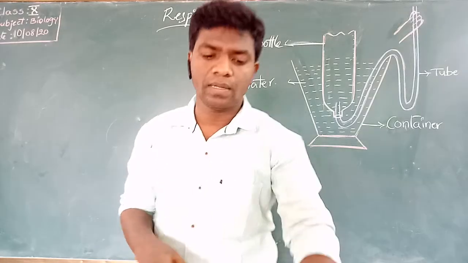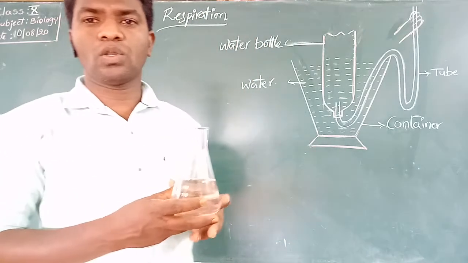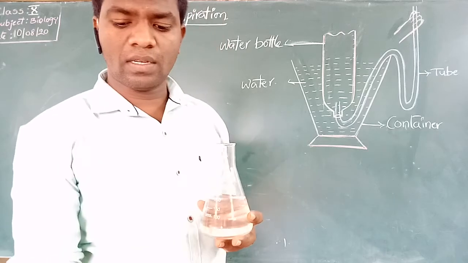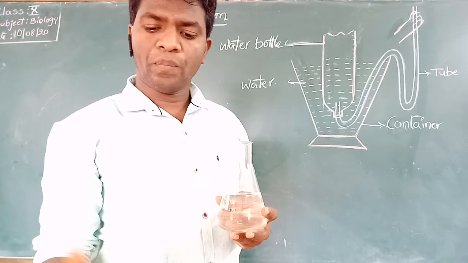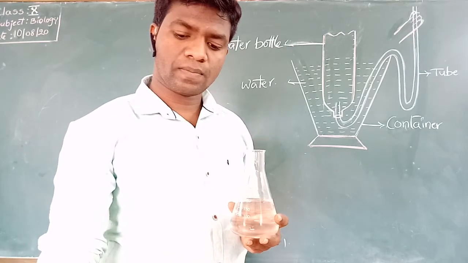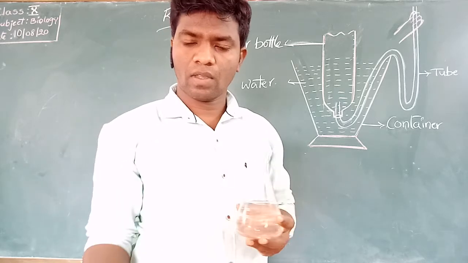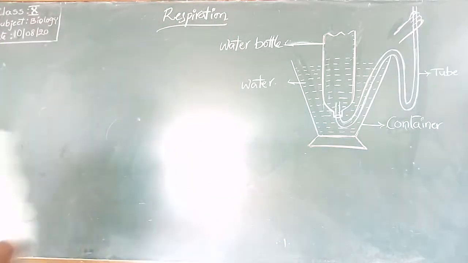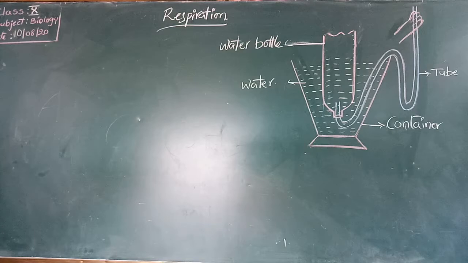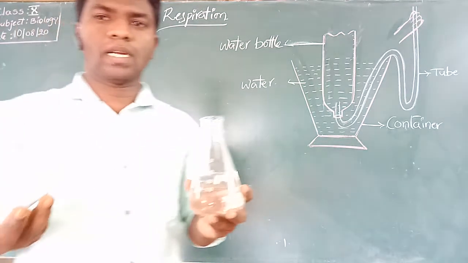So first of all, I took 200 ml of water and next I am adding 10 to 12 drops of phenolphthalein solution in this.